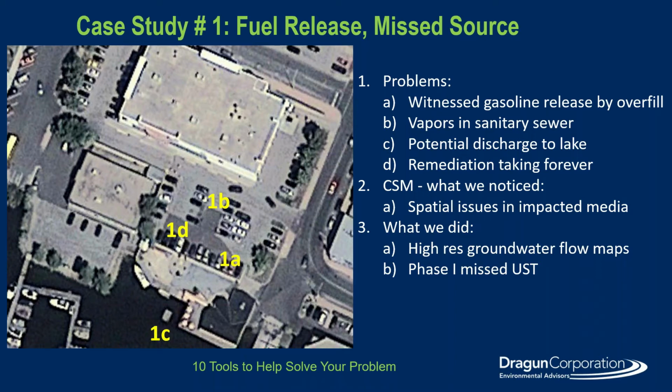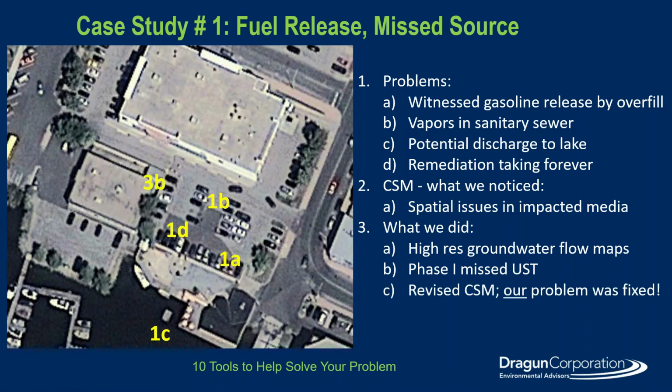We were able to find a groundwater divide, and where normally you would think groundwater flowed from the land to the lake, we found that the sanitary sewer often controlled the groundwater flow. We also noticed that the phase one of this area missed a tank that was located on the adjacent property.